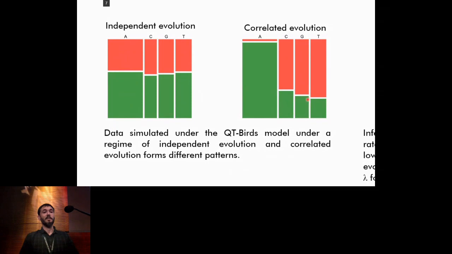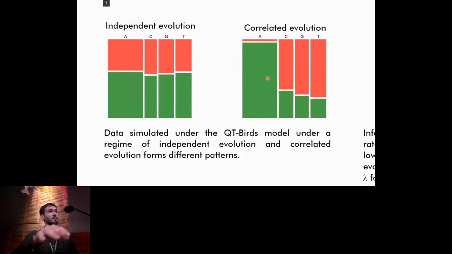The idea here is a little bit like the marginal distribution tables and joint distribution tables in your basic probability textbook. Even though you might not see any difference if you marginalize out. I mean, here we have the same amount of A and the same amount of the green phenotype and the same amount of the red phenotype, but they co-occur in different proportions because of this correlated process.